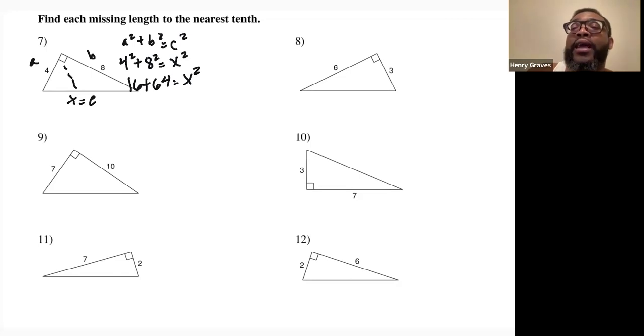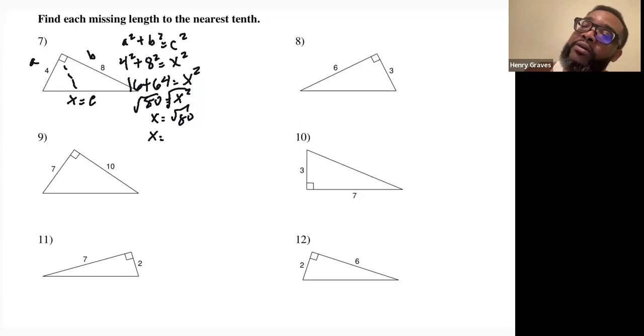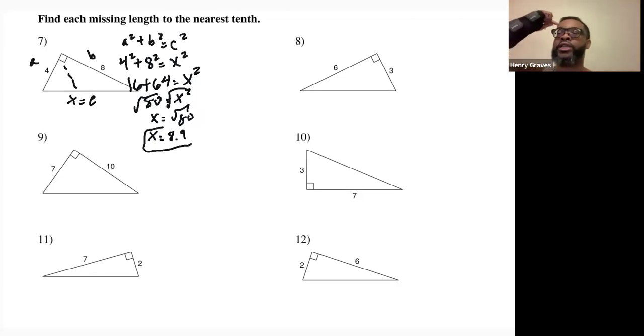And to find out what x is, I'm going to have to do the square root of both sides. So x is going to equal the square root of 80. So x is going to be about 8.9, which is very close to 9, because obviously the square root of 81 is 9. So that's kind of a big hint. So I can check, hey, does my answer make sense to me?